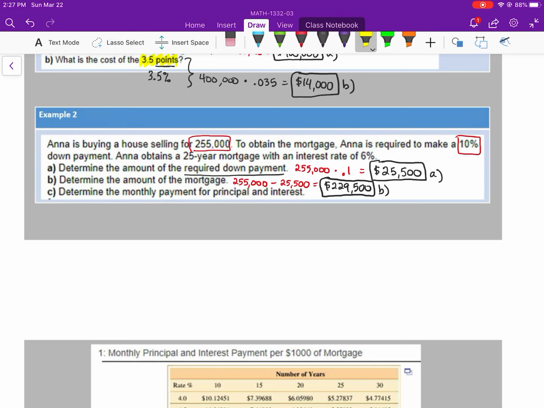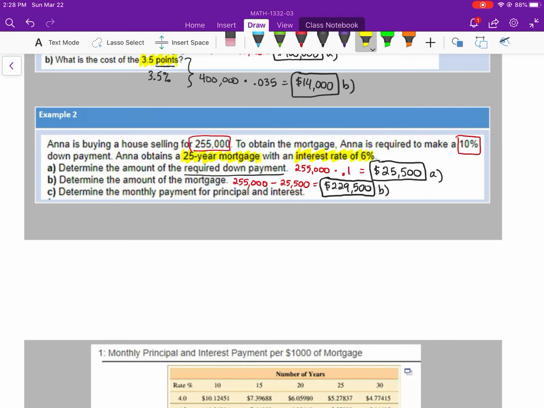All right, C, determine the monthly payment for principal and interest. Okay, now we notice she obtains a 25-year mortgage with an interest rate of 6%. Now we have this nice little chart down here at the bottom, and I want you to feel free to use this chart when you're working on this homework, and especially when we get to the test.